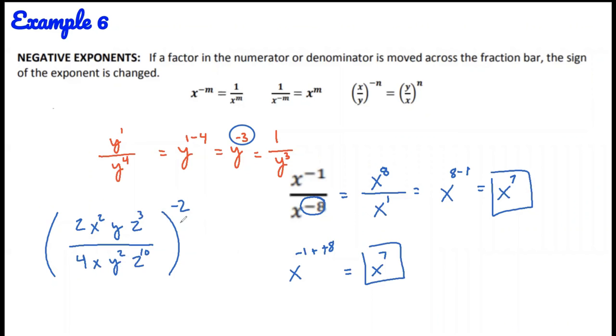So in order for us to switch this to a positive squared value, we can switch the whole entire fraction, which is 4x, y to the power of 2, z to the power of 10, over 2x squared, y, z to the power of 3, all being to the power of 2. So from here, we can go ahead and make it positive by just switching the whole entire fraction, okay?